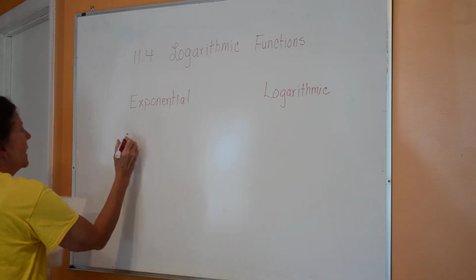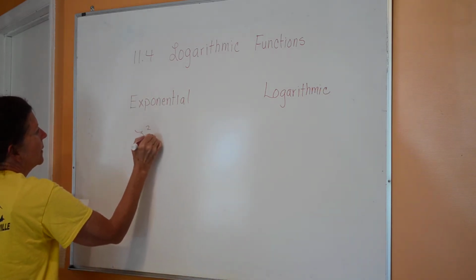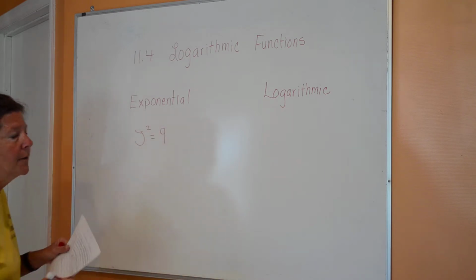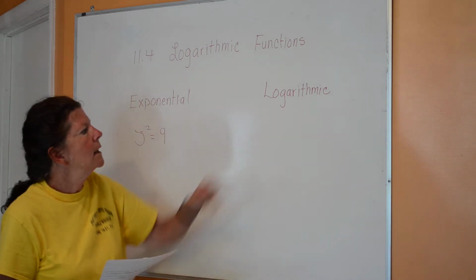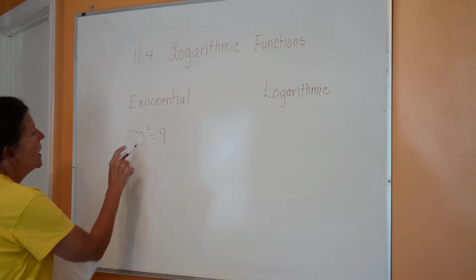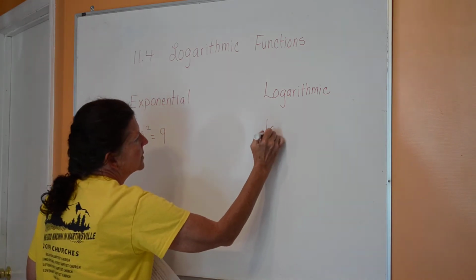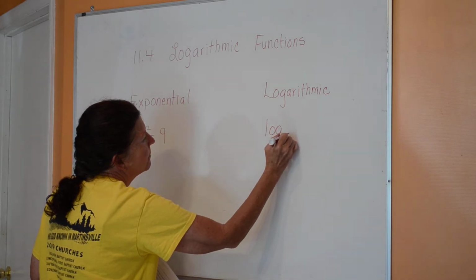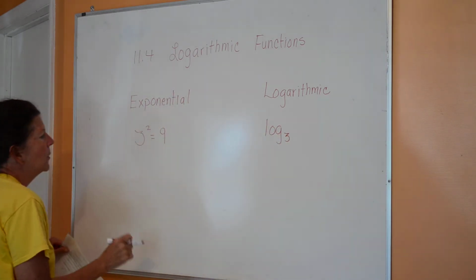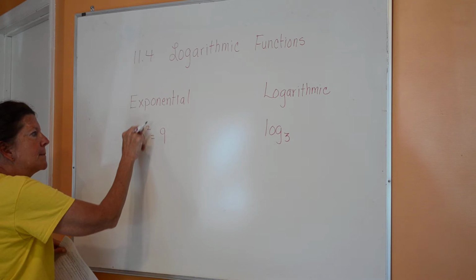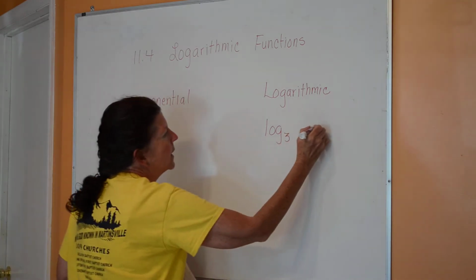All right, so let's say I have 3 squared is equal to 9. If I want to write it in logarithmic form, the base number here is the same as the base number here. So it's the log of base 3, and you write it a little bit lower than log. This part right here is what it's equal to.